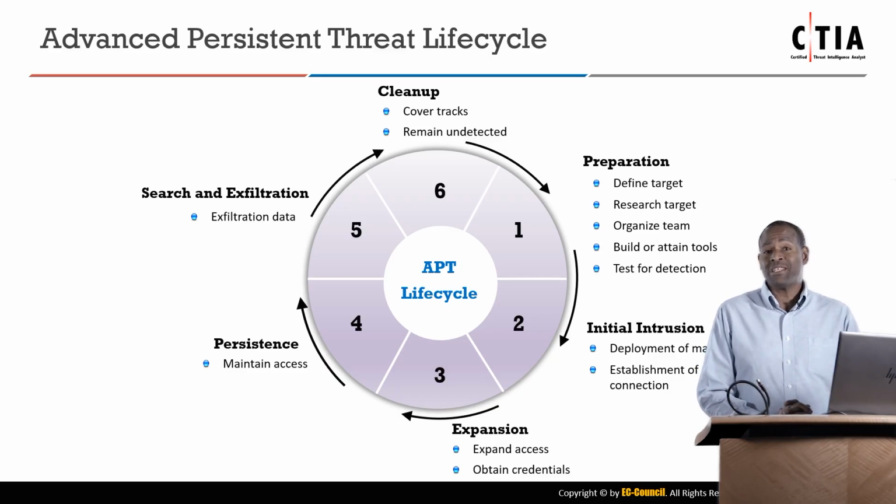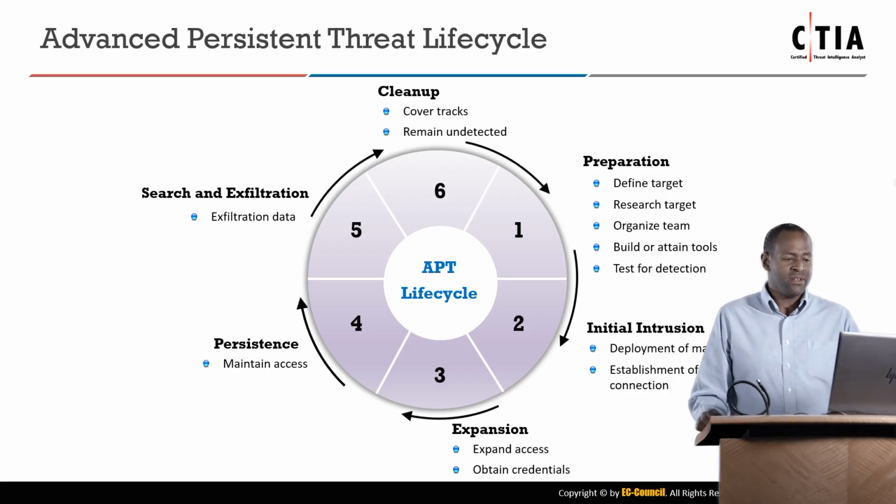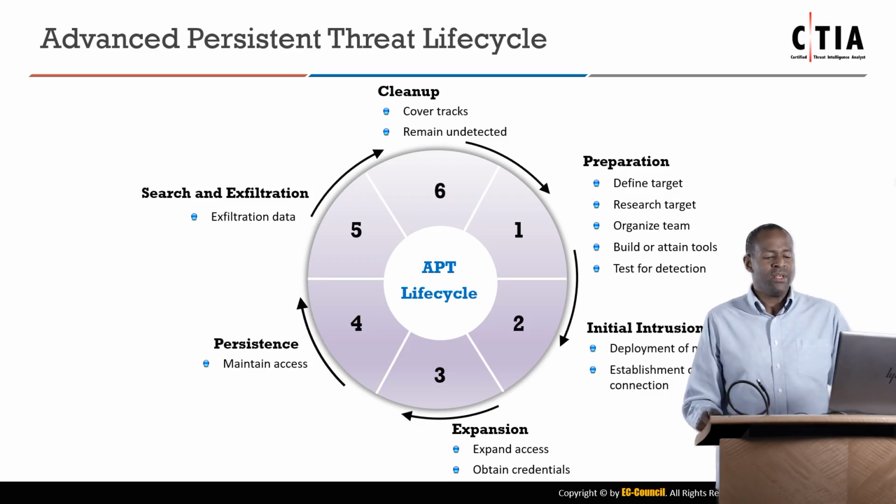And so they'll be researching that target to find out where they can get the tools, what tools they want to use, what are some of the vulnerabilities of that target, and maybe even organize a team and then obtain tools and then test for detection. So we find that target, we organize a team, build tools, test for detection, make sure that if the attacker is detected, they may move on to another target or try a different vector.